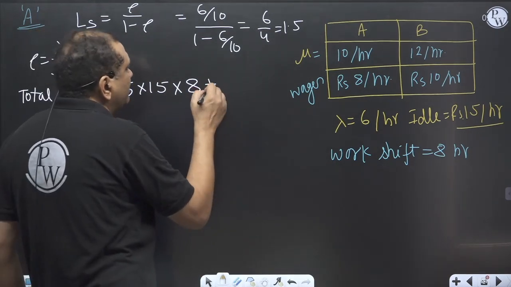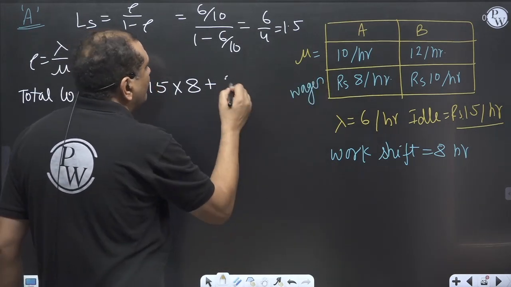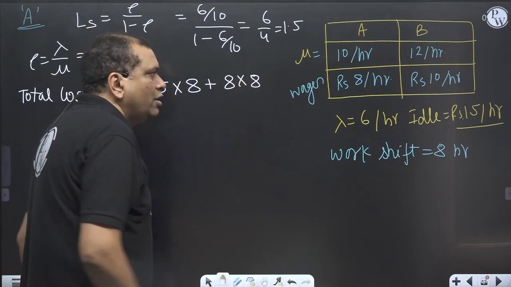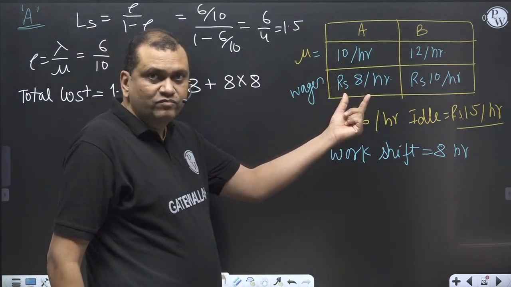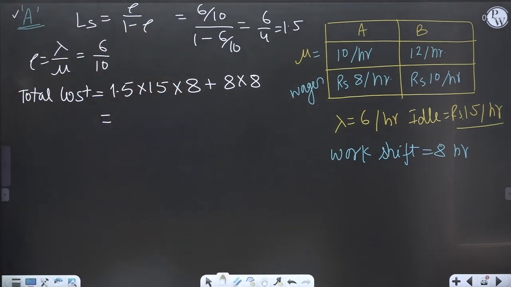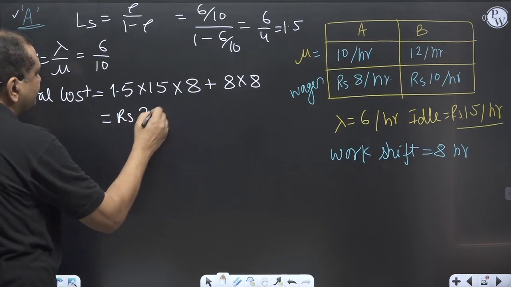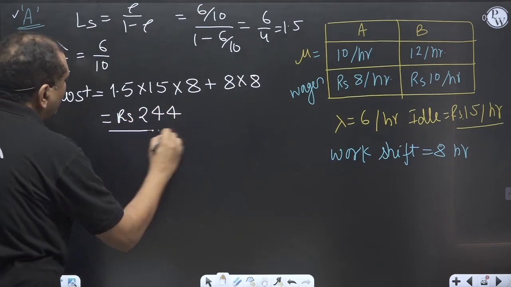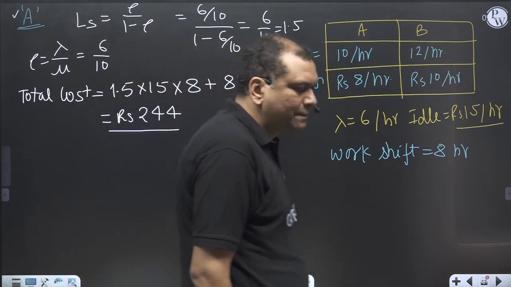And how much money will go from the worker side? 8 into 8, because the wages I am paying is rupees 8 per hour, and there is an 8-hour work shift. So if I am hiring repairman A, the total money that will go from my pocket is rupees 244.